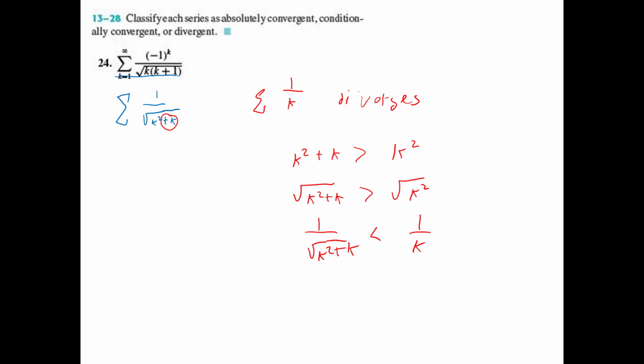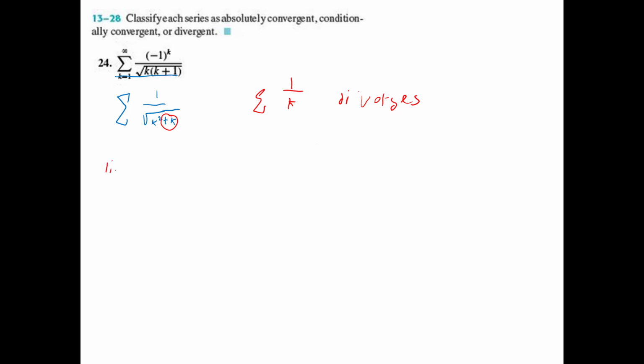We could adjust that, but that's too much. No need to do that. We have the limit comparison test. We're not told how to do this, so we'll just use the limit comparison test, since the basic comparison test didn't work out. We take the limit as k goes to infinity of a sub k divided by b sub k, which ends up being k over the square root of k squared plus k.